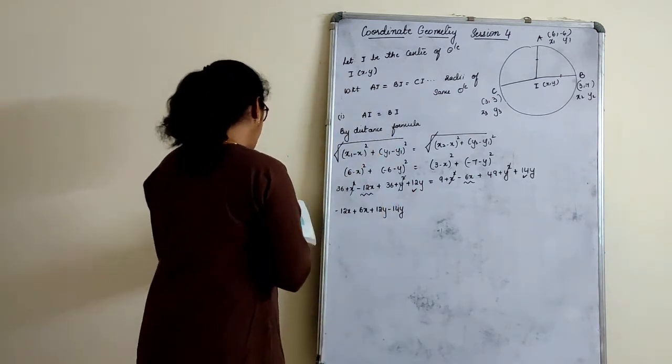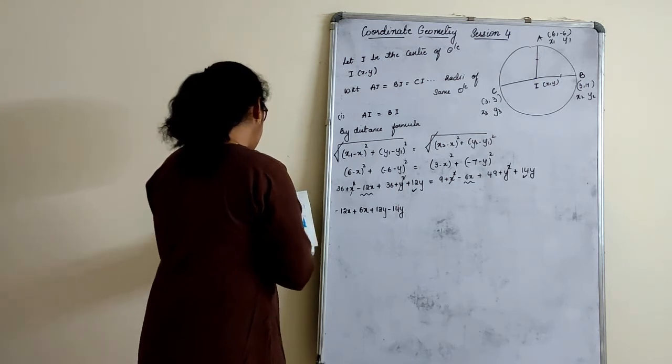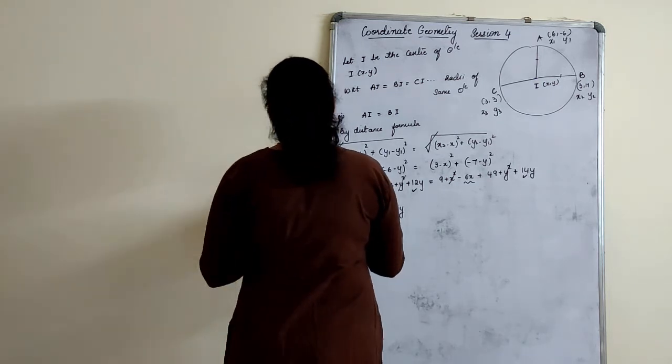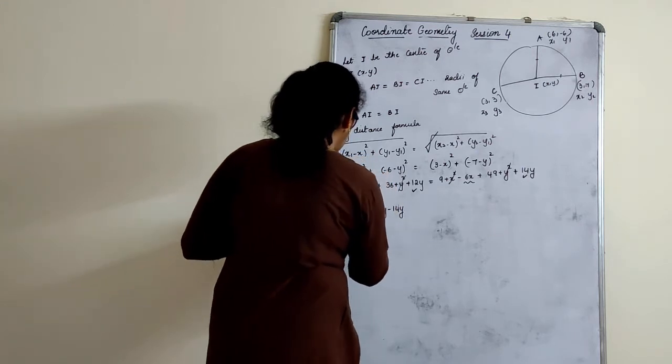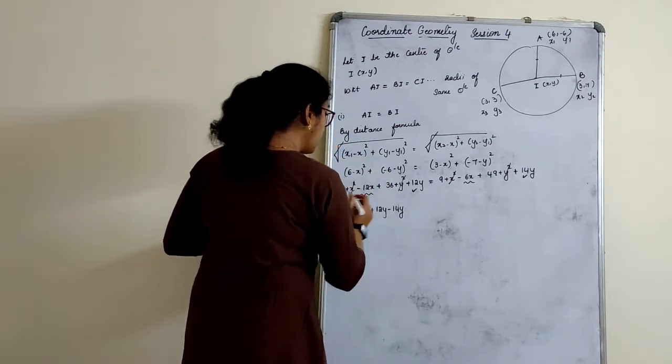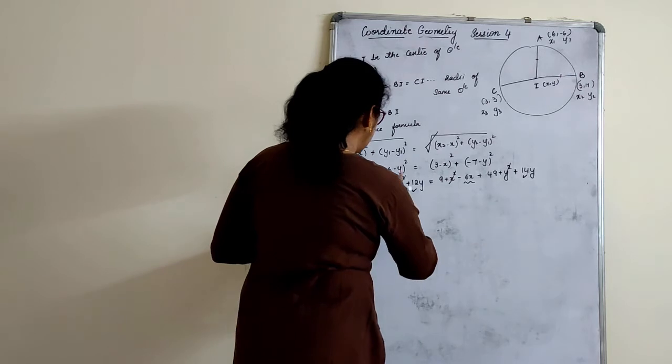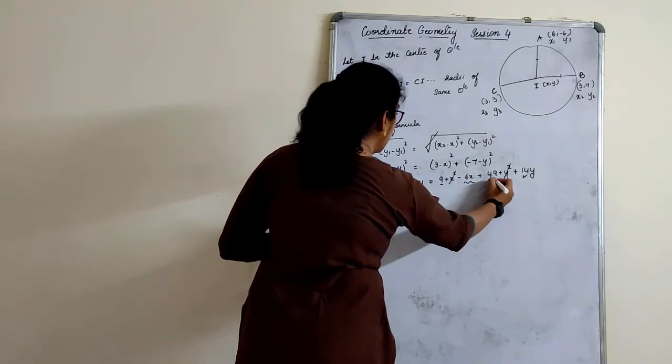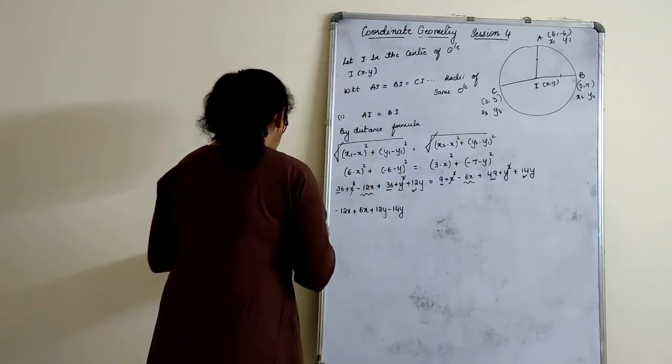Then what do we have? We only have the constant numbers. Which constants do we have? We have 36, 36, then 9 and 49.